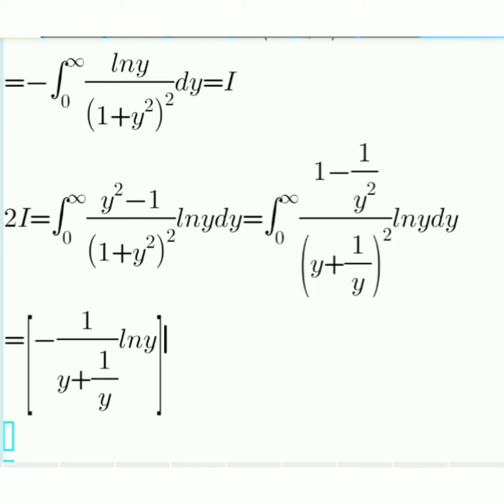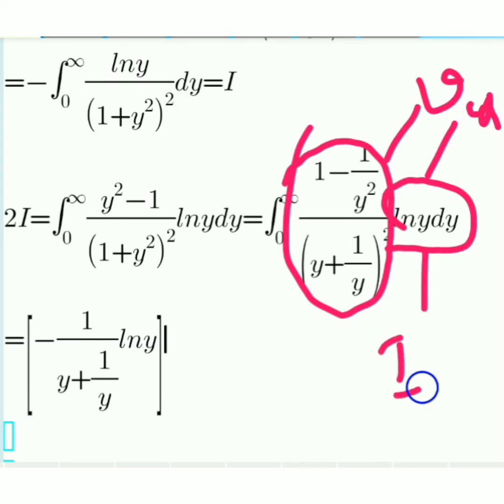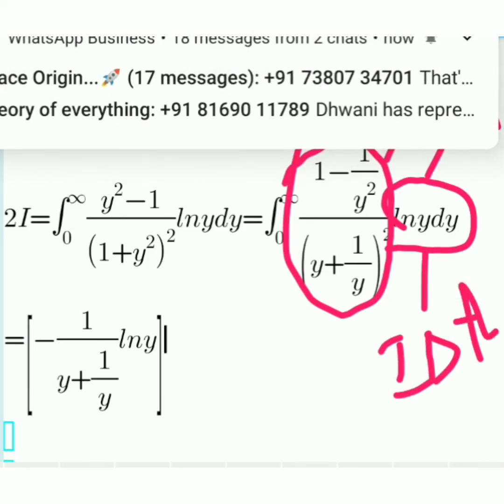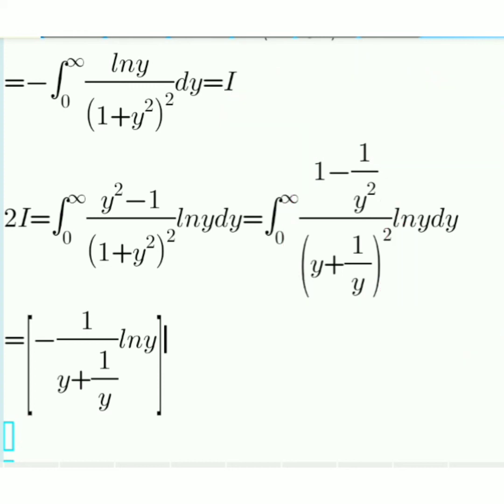I get this because this part is u, this is v, and this u is the first part and this is the second part. That's why I solve this way.